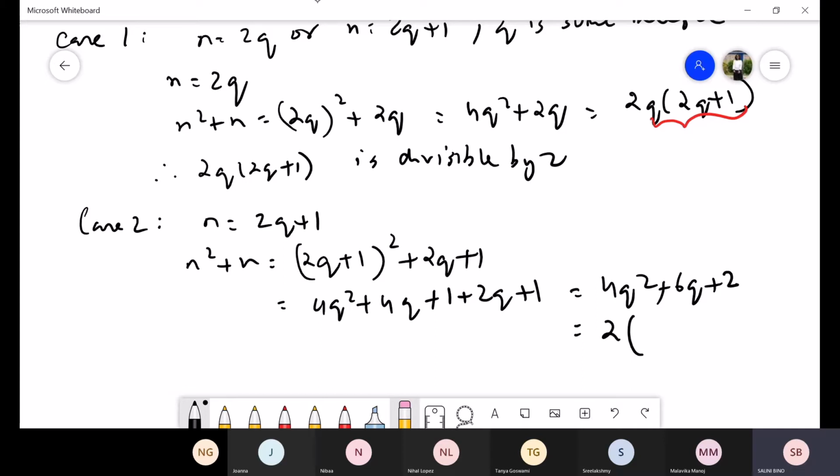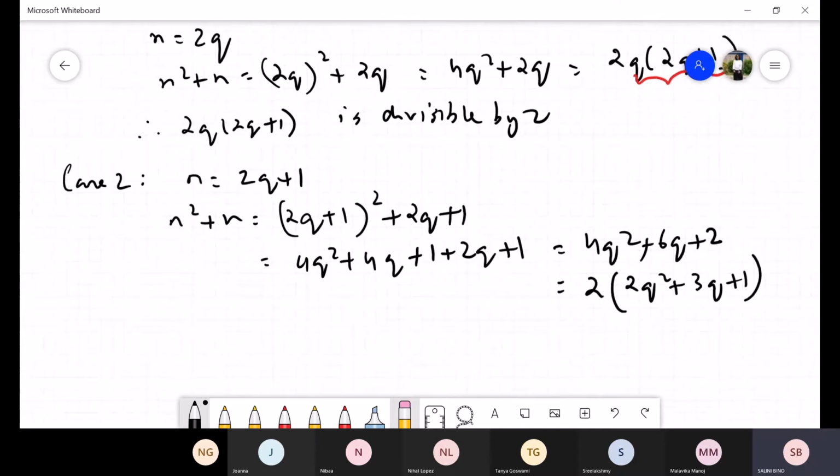When you take 2 outside the bracket, you will get 2Q square plus 3Q plus 1. So here also we can see that this expression is divisible by 2. Therefore 2 into 2Q square plus 3Q plus 1 is divisible by 2.